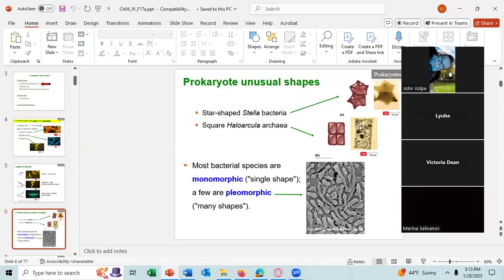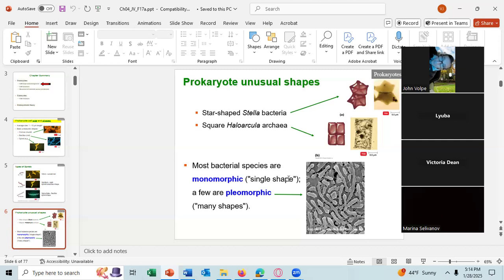Most bacterial species are monomorphic, meaning all of them have the same shape, like the Haloarcula, which is actually archaeobacteria, not bacteria. They're all rectangular. The Streptococcus species, they're all cocci.